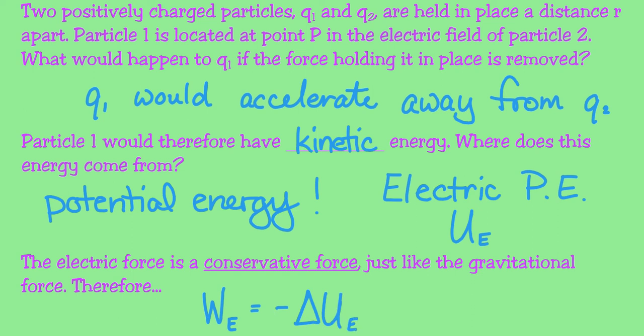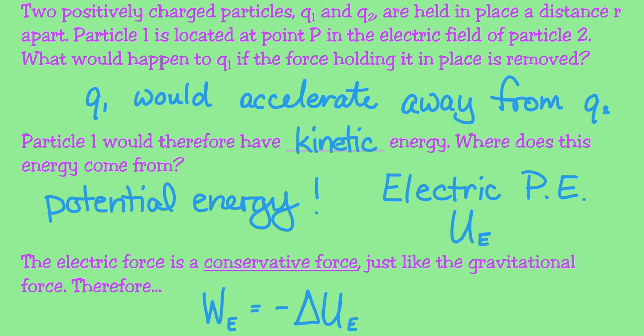A couple other things to point out about electric potential energy here. Often we'll talk about a reference configuration, kind of similar to a reference level with gravitational potential energy. A reference configuration would be a configuration of charges where the electric potential energy of the system is 0. In this case, this would be when all of our charges are infinitely far apart.